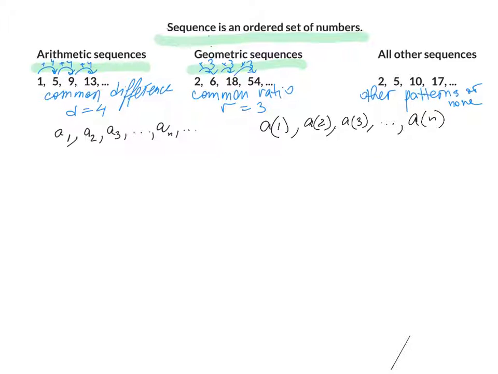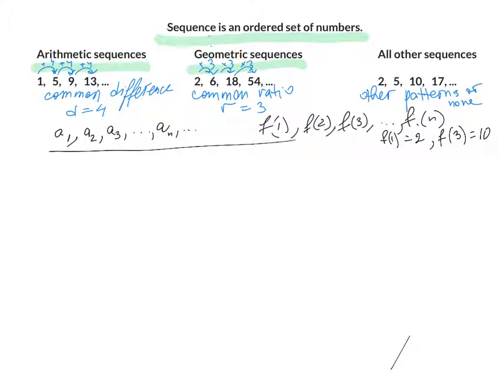Often instead of A, we use a more function-like letter such as F. So it may be F of 1, F of 2, F of 3, and so on. For this last example, we can say that F of 1 equals 2. F of 3, which means the third term, equals 10, and so on.